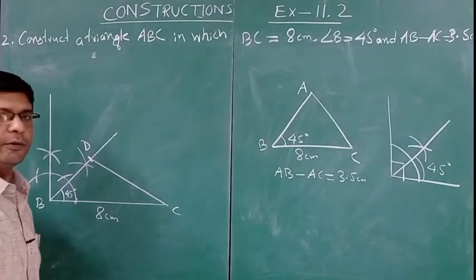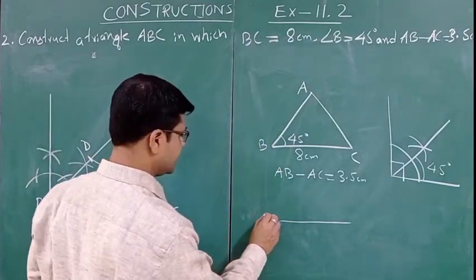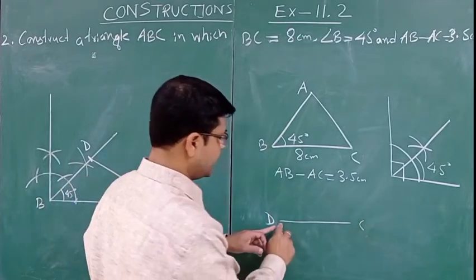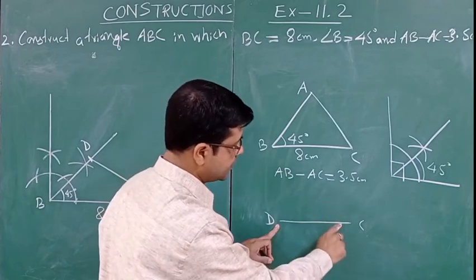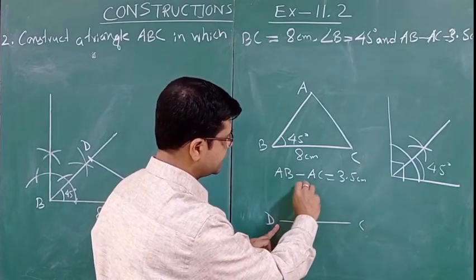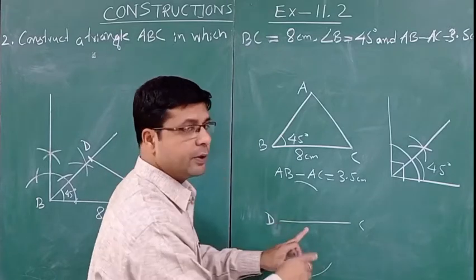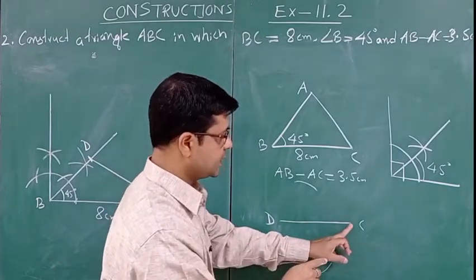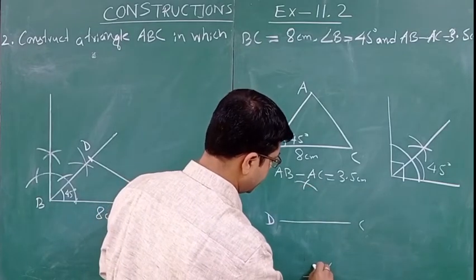Students, you know how to draw the perpendicular bisector. There is a line, suppose any line, suppose it is DC. We put the compass at D and stretch the compass more than half of DC. We draw one arc above and another arc below. With the same radius we put the compass at C. We draw one more arc at the top and at the bottom also.